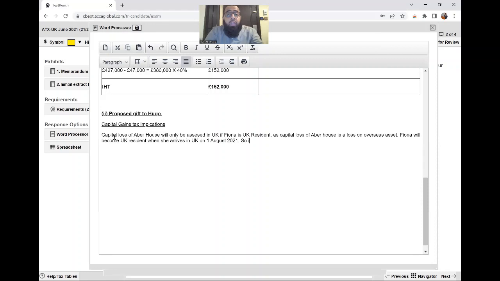So if she gifts Aberhouse before coming to UK, then there will be no capital loss relief. However, if she gives Aberhouse after coming to UK, then capital loss relief will be available.